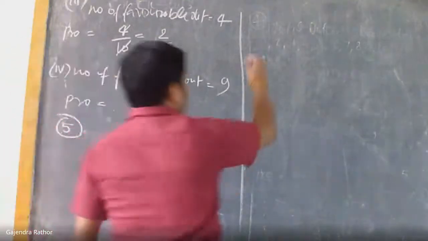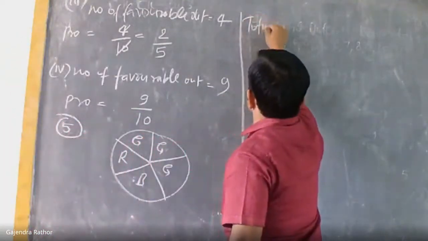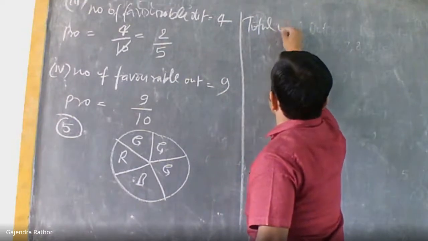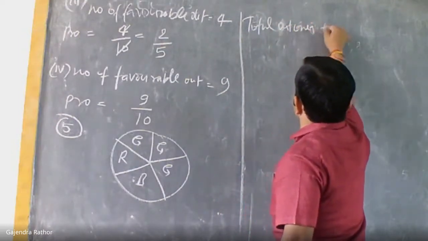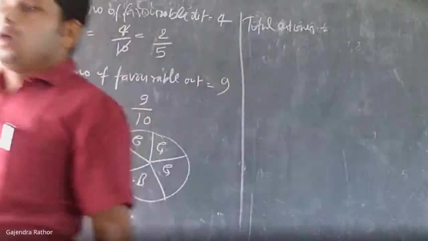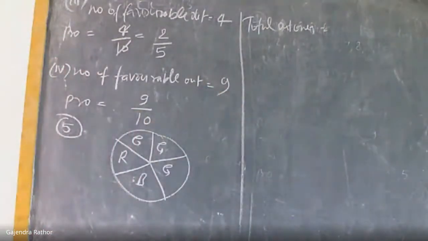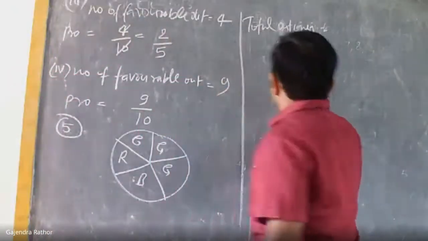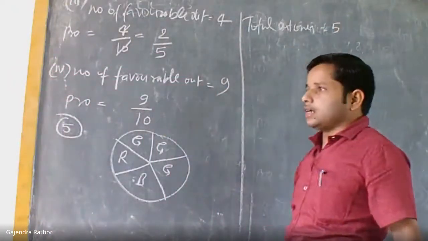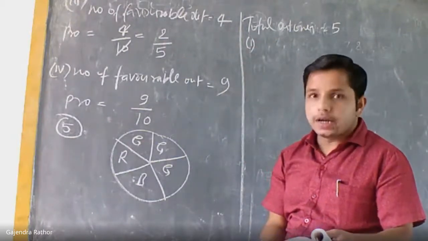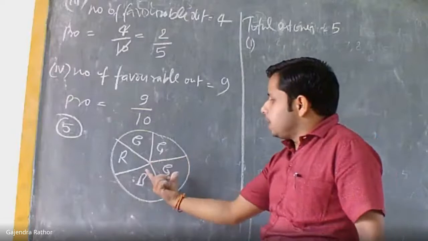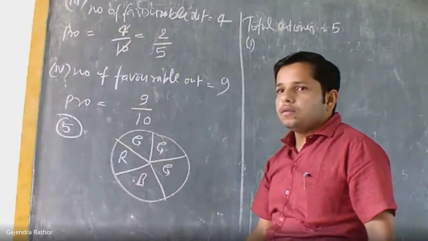Okay. So first, total outcomes. What are the total outcomes in this question? 5. The correct answer, because there are 5 sectors. Now the first point: what is the probability of getting a green sector? How many green sectors are in this wheel?